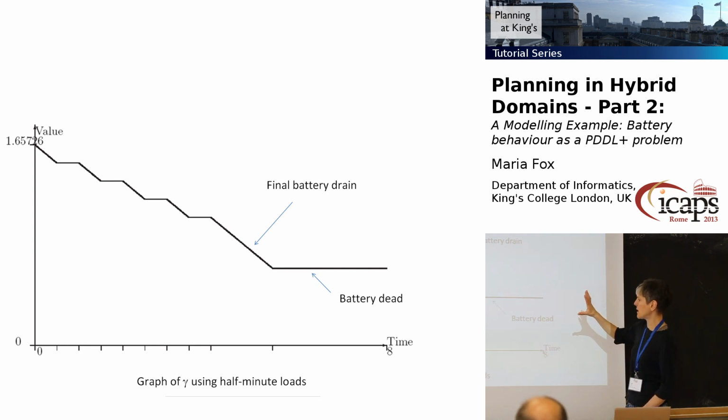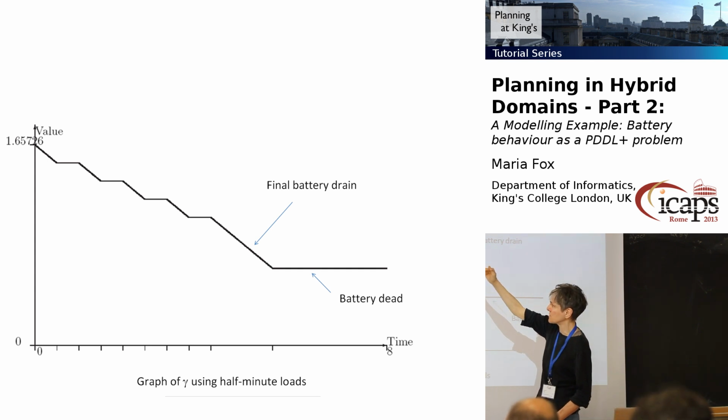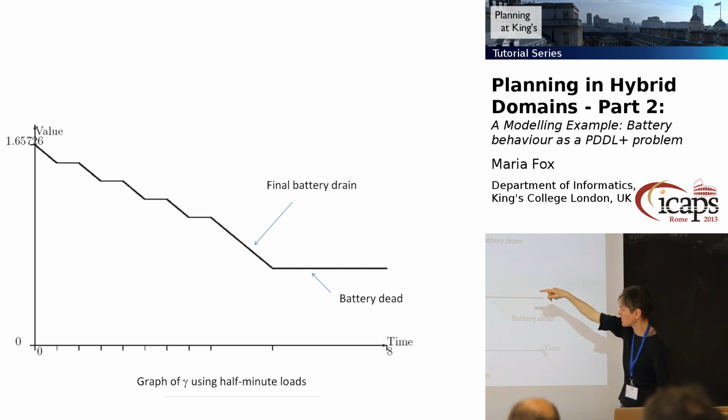Okay, so what we have here is the graph of gamma using half-minute loads. What you see is the sort of linear effect on gamma, and then the curve is flat when the load is 0. So you get this kind of stepping function all the way down to the point where we kill the battery by using up all the charge.